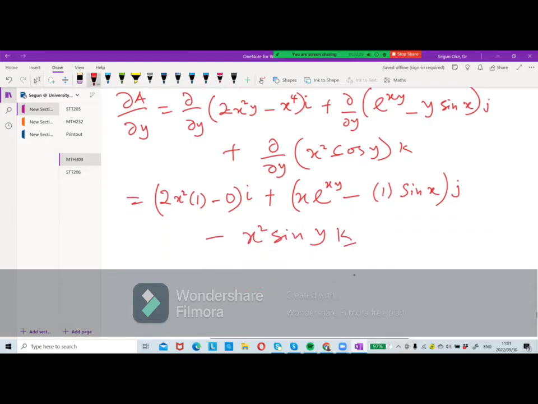So I can rewrite this one by saying my dA dy is equal to 2x squared i plus exponential xy minus sine x j minus x squared sine y k. Is that okay?